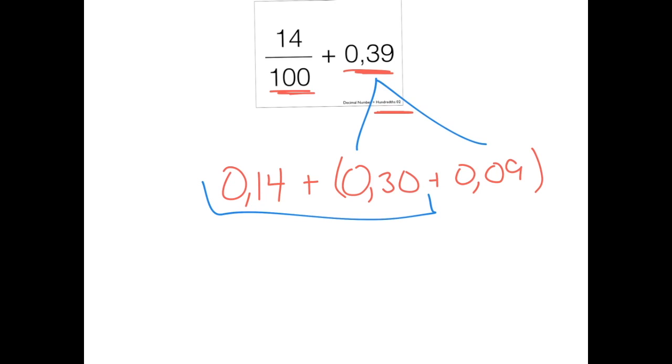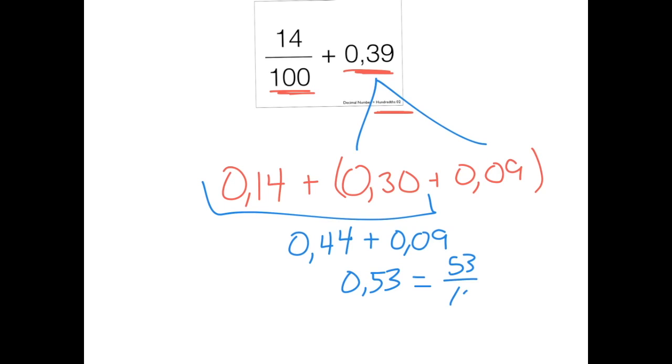So now I'll look at 14 hundredths plus 30 hundredths, which gives me 44 hundredths. And all I have to add at this point is 9 hundredths. So the sum of 44 hundredths and 9 hundredths is 53 hundredths, or in French we would say 53 centièmes. And if students were working with the fractional representation, they might represent it like this.